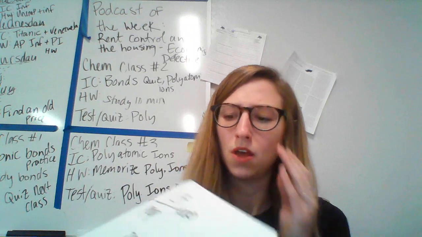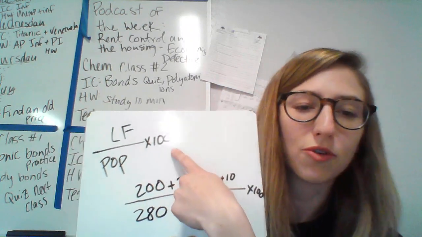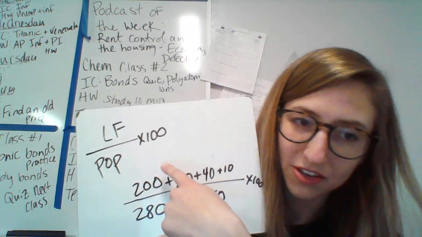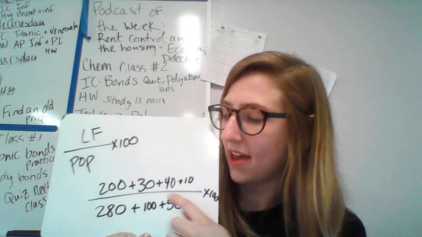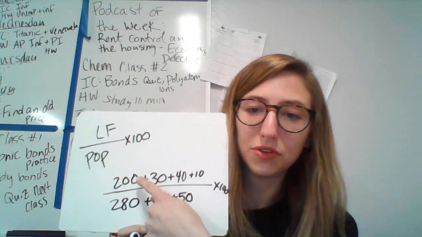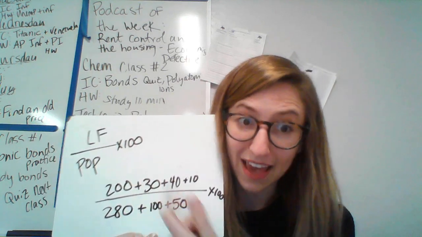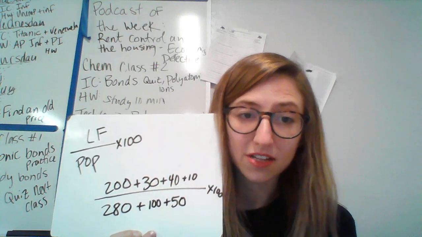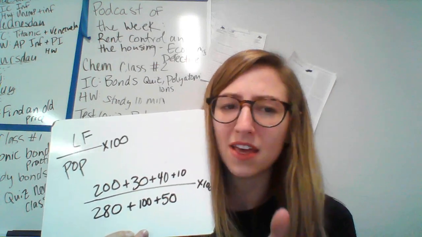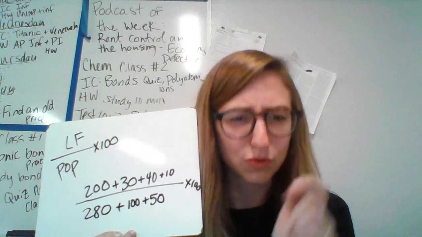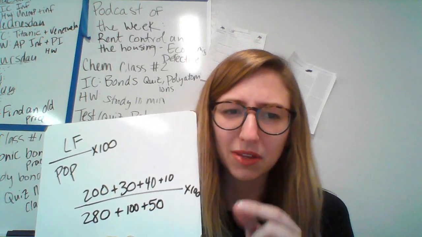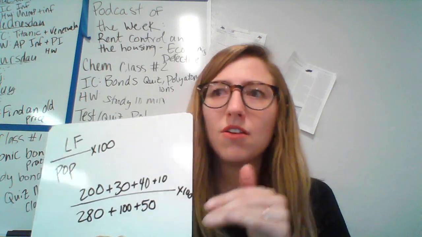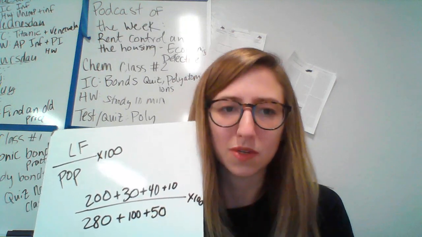Okay, cool. So we have the labor force over adult civilian population times 100. And we have 200 people who run their own businesses, so they would say, yes, I am working for pay. 30 artists who also would say, yes, I'm working for pay, even though their pay is not necessarily directly connected to the hourly work that they are doing, but they are working for pay, right? Okay, with the expectation of pay.